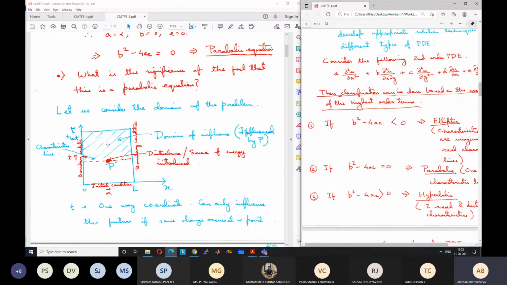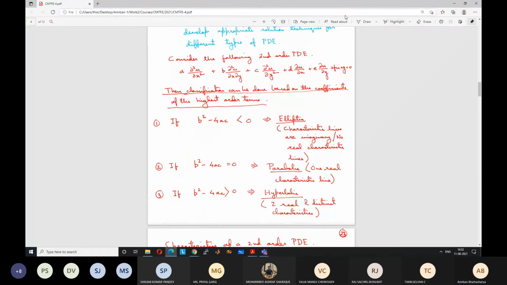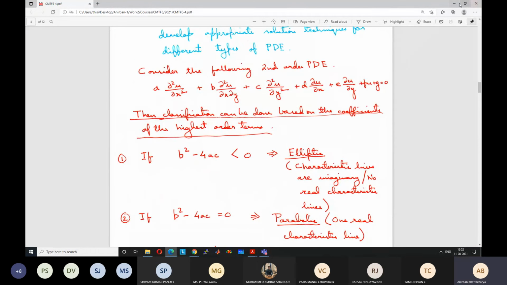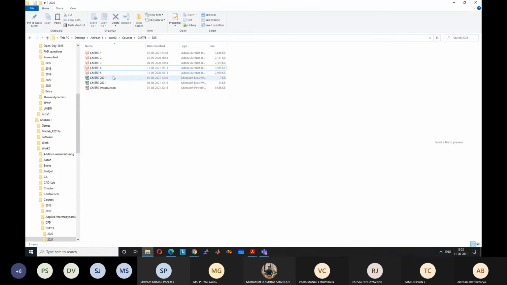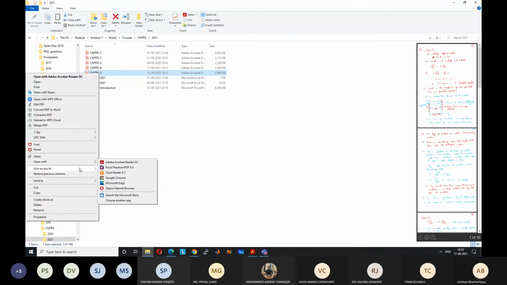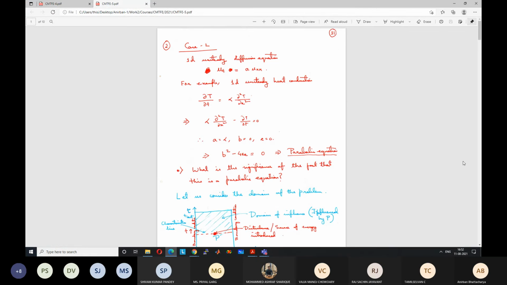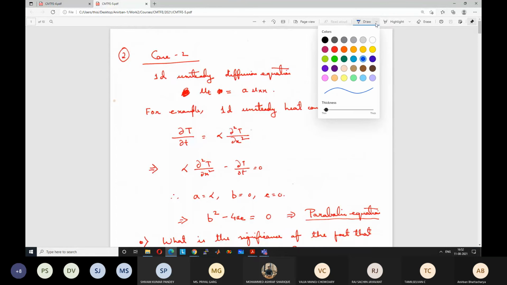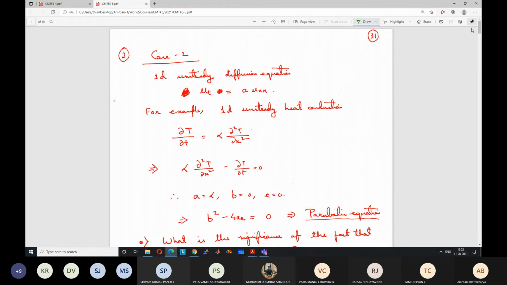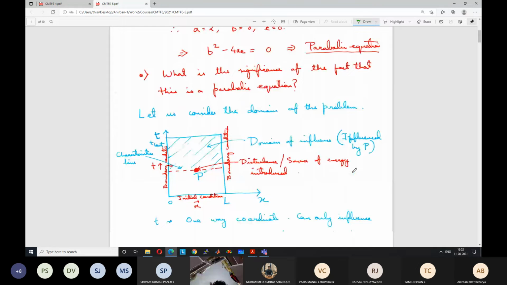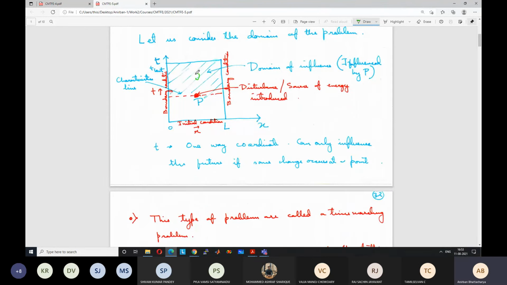If some changes occurred here, then its domain of influence would have been only the region ahead of this point.